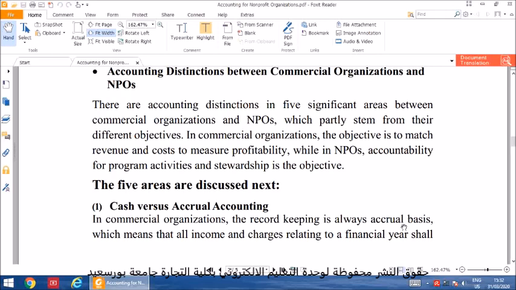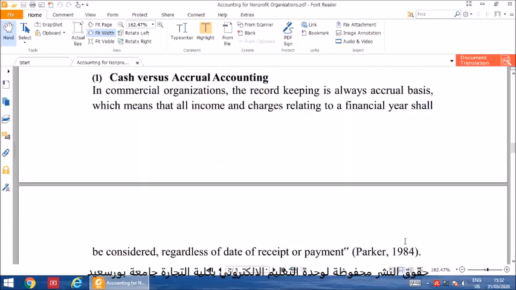The record keeping is always by using accrual basis, which means that all income and charges relating to a financial year shall be considered regardless of date of receipt or payment.